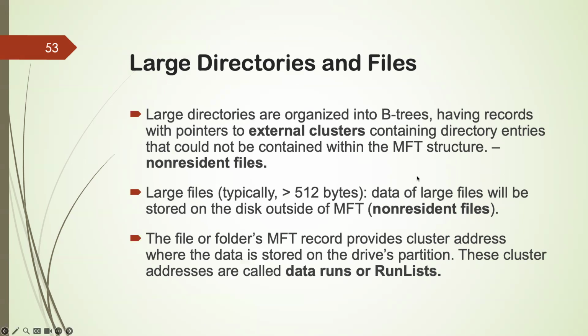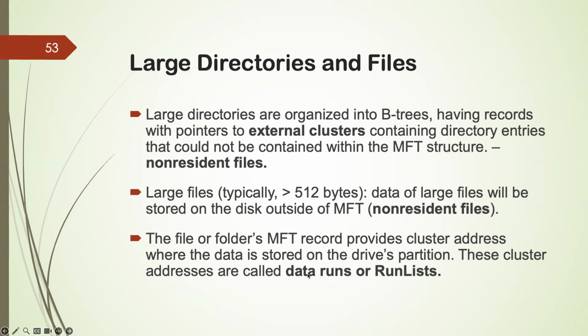All right, so this is the information on what the resident and non-resident attributes are. If the file content is larger and cannot be stored in 1 kilobyte, then you will have to allocate some set of clusters outside in your hard drive, and then store the pointers to those clusters in the data attribute.